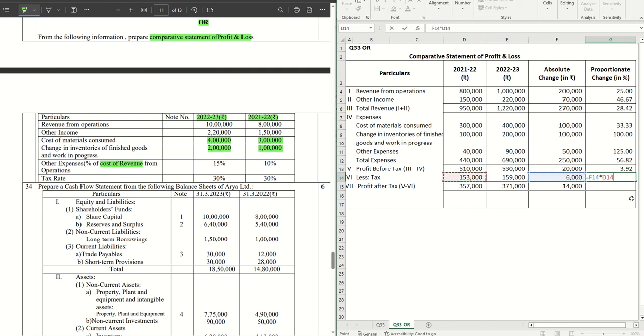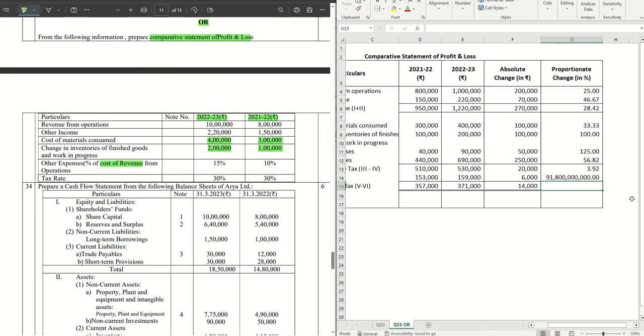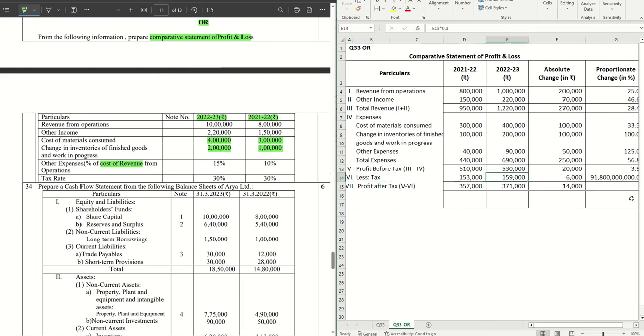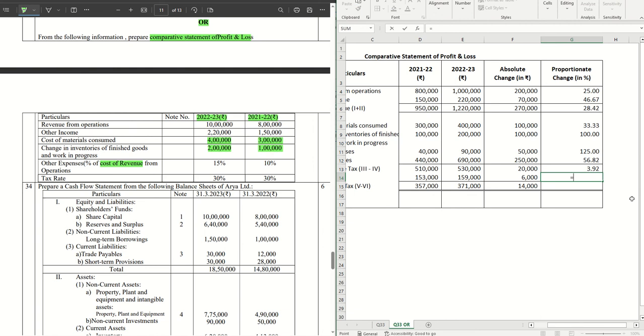Here as well, absolute change by previous year into 100. So let's do the calculation one more time. Previous year, absolute change by previous year into 100, 3.92. All right. And here as well, absolute change by previous year into 100, 3.92 that we are getting here.